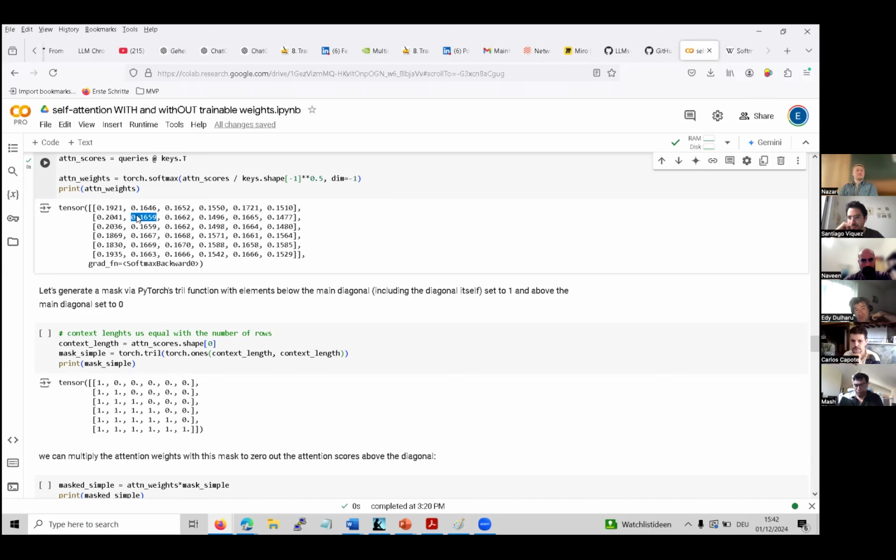But the thing is that we already know all the words in the sentence when we compute these numbers with the attention score or attention weight. So we knew the entire sentence in advance, every journey starts with the first step, or whatever.